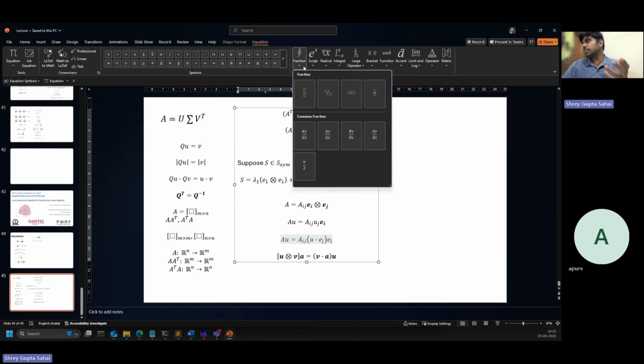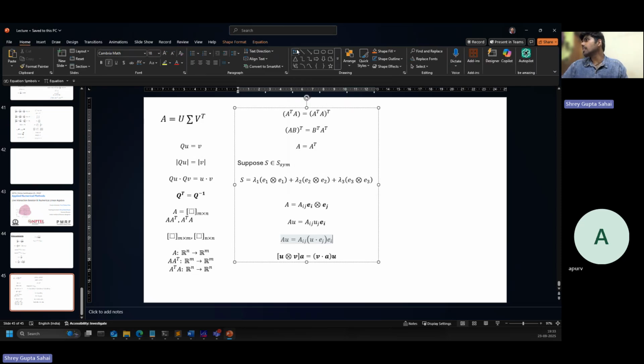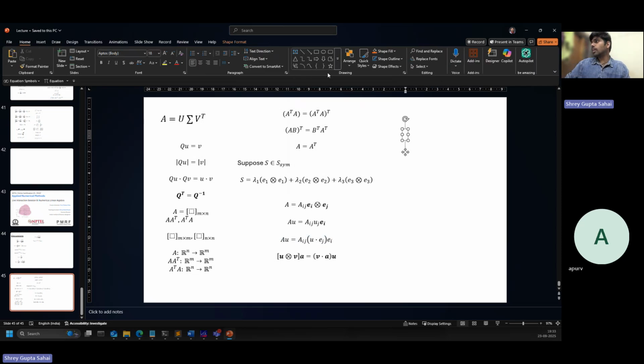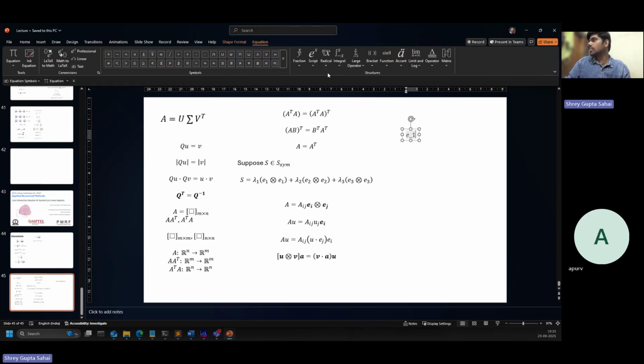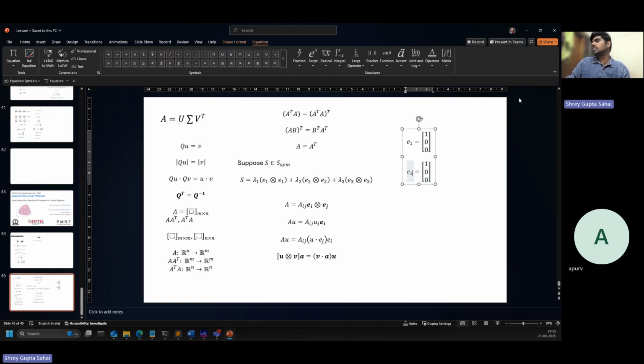If we consider a 3 by 3 dimensional scenario, let me show you how. Suppose E1 is this. This is just a fancy way of writing things, okay?